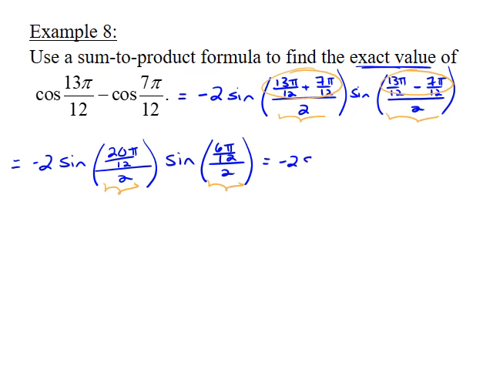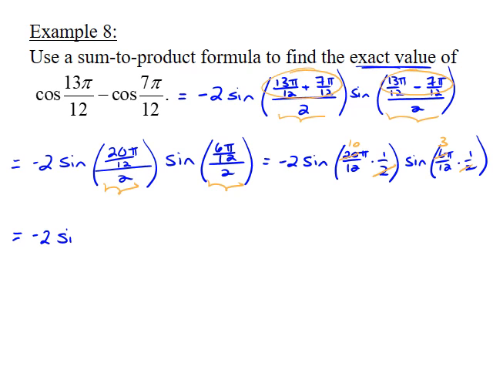We have -2 sine of 20 pi over 12 times a half, which is the same thing as dividing by 2. Same thing over here, 6 pi over 12 times a half. I can cross simplify: 2 goes into 20 10 times, 2 goes into 6 3 times. So we get -2 sine of 5 pi over 6 times sine of pi over 4.